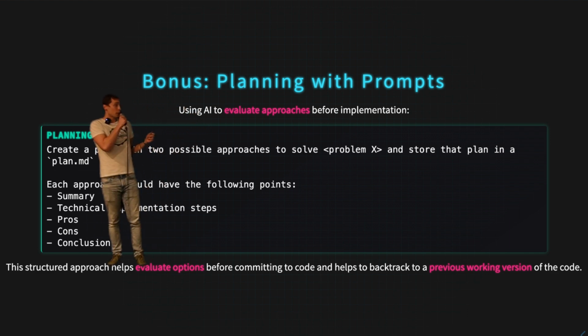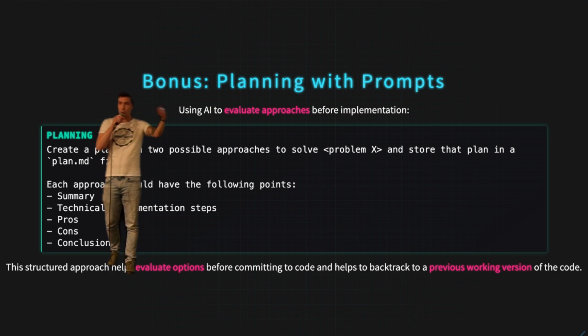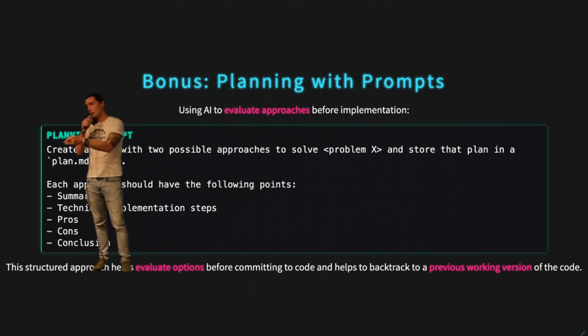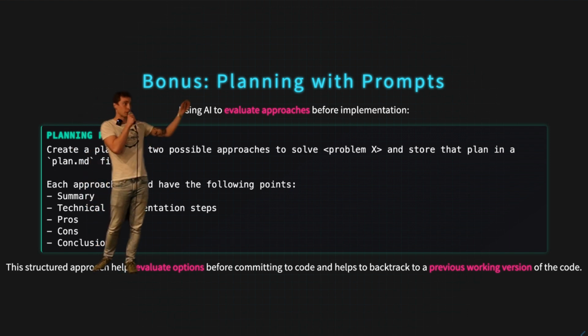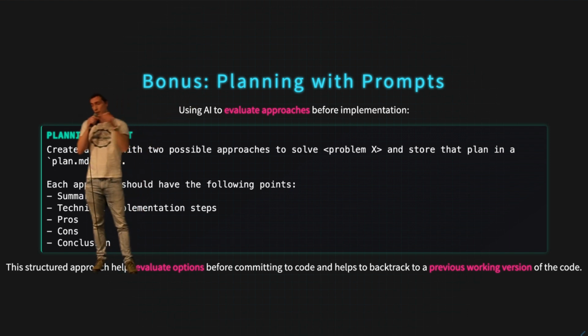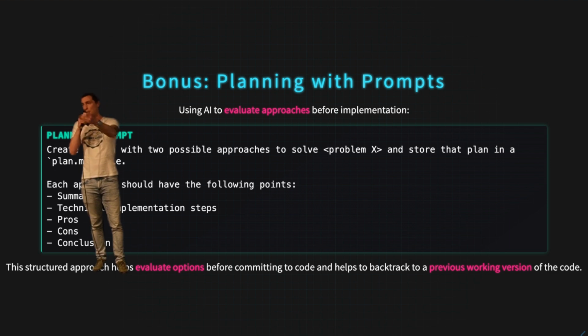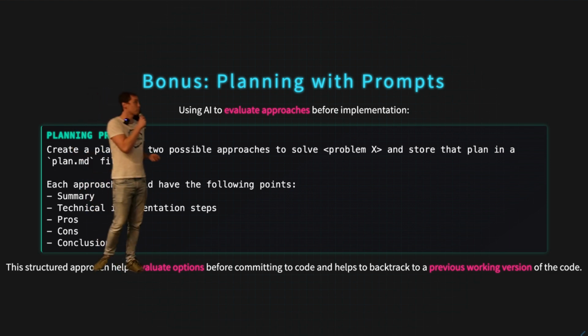And then you can move forward with one approach. If you see that you're going down a rabbit hole and it doesn't fix the problem, you can always reset to the point of the plan, of the file, and continue again, like a checkpoint in a game.